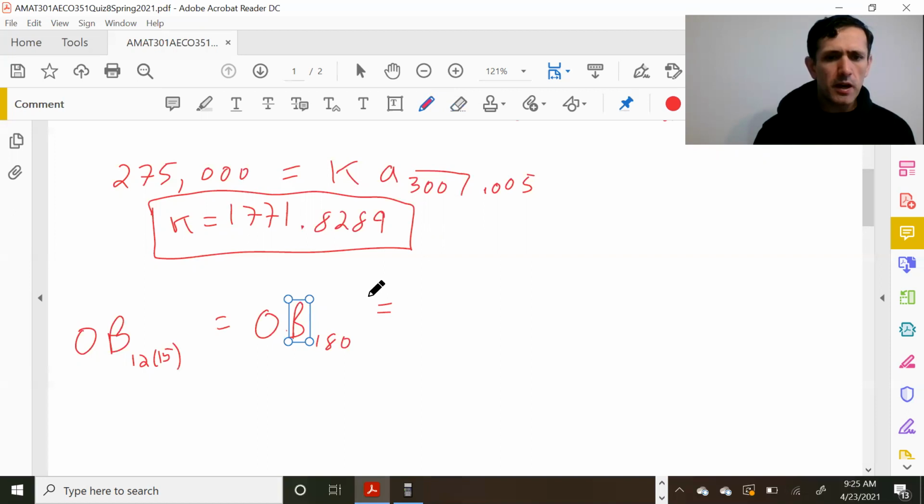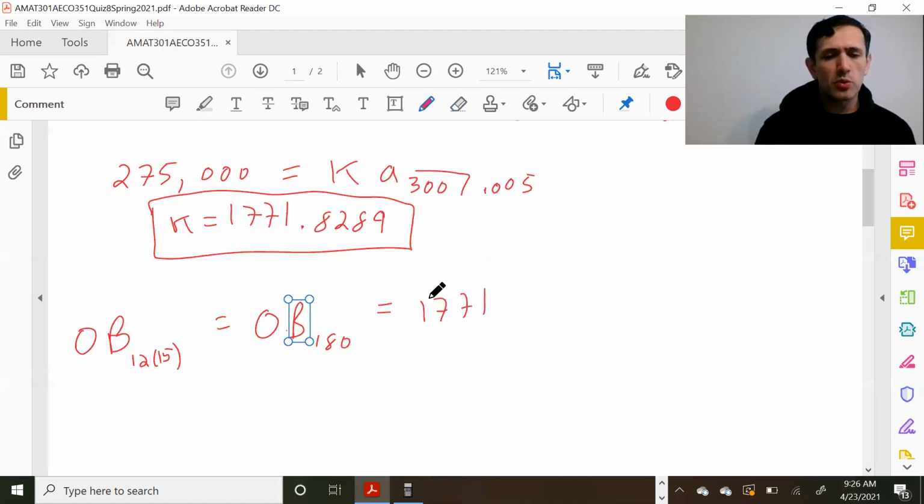You can either use the formula for the outstanding balance when you have a constant payment loan with no interest rate changes. That's the quickest way to do it.